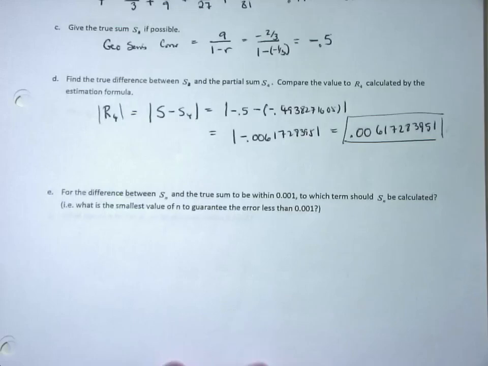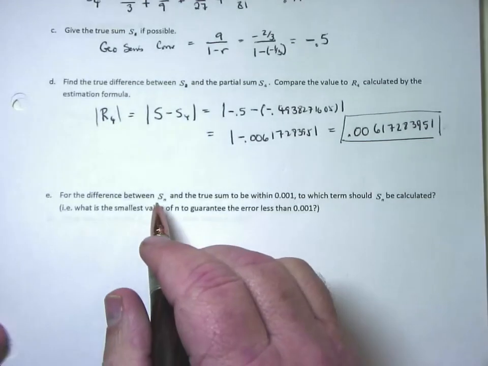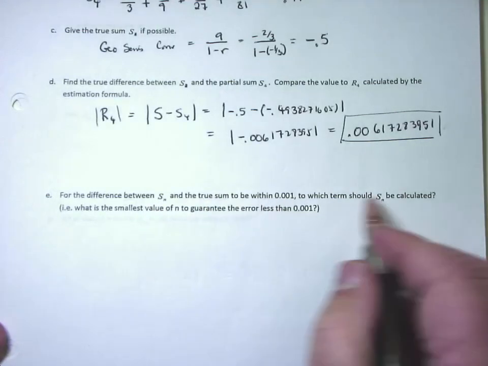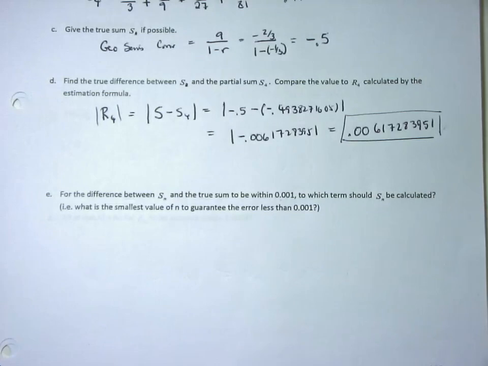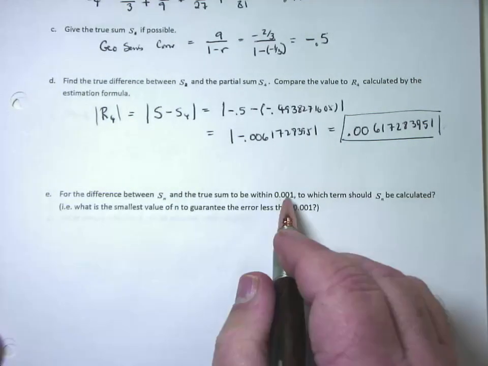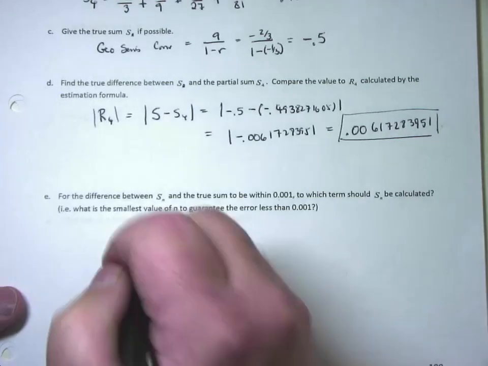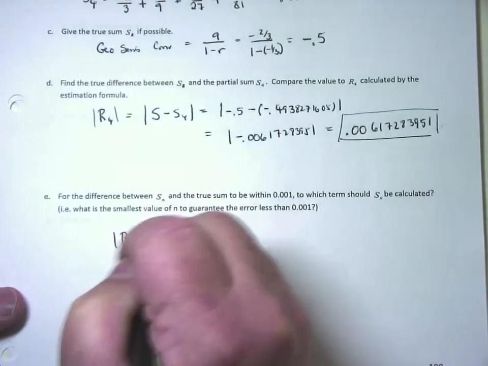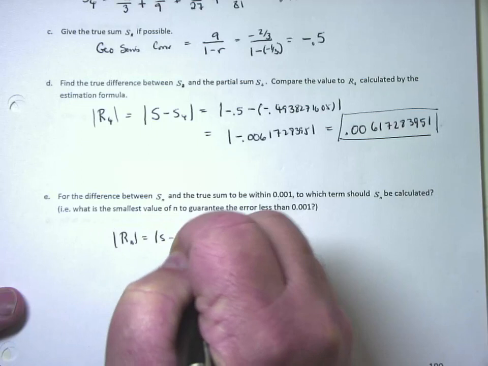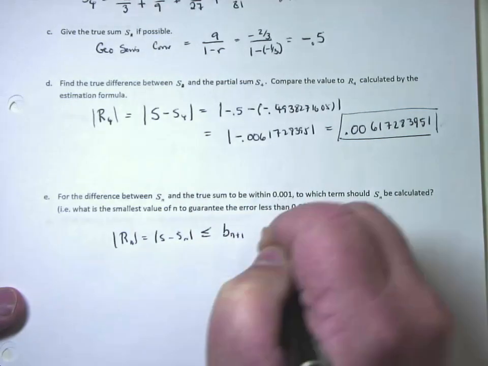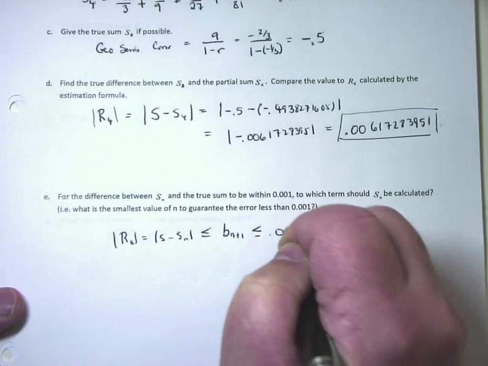Now look at this last part. For the difference between Sn and the true sum to be within 0.001, how many terms do we need to take it out to? Remember, Rn, the true sum minus the partial sum, has to be less than or equal to Bn plus 1, which is less than or equal to 0.001.